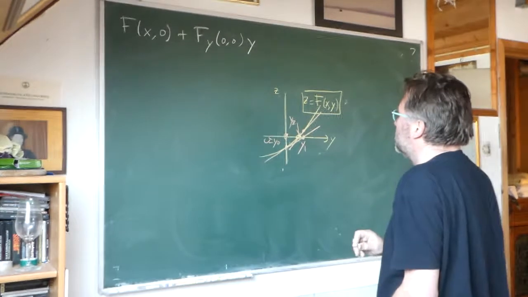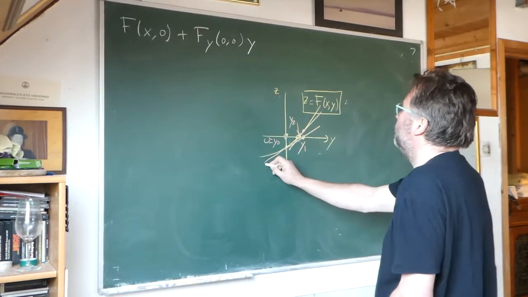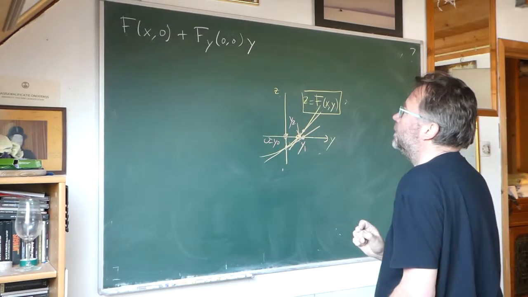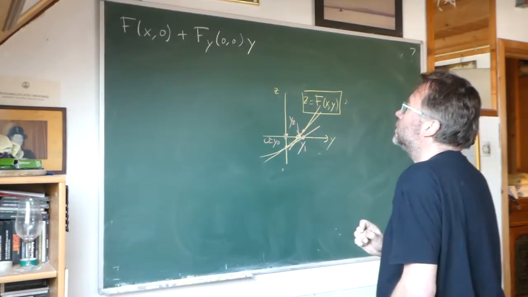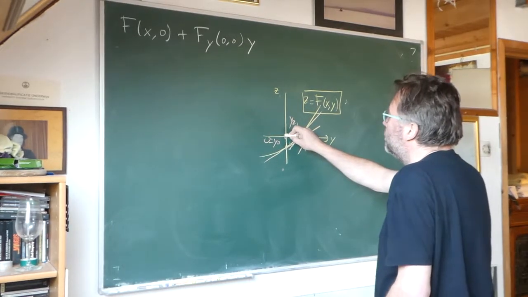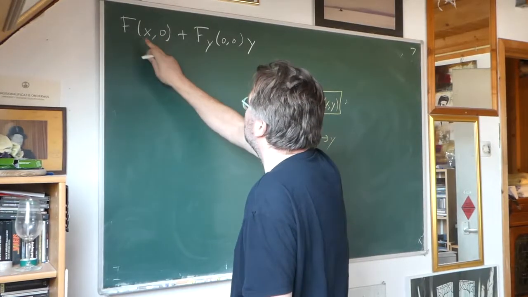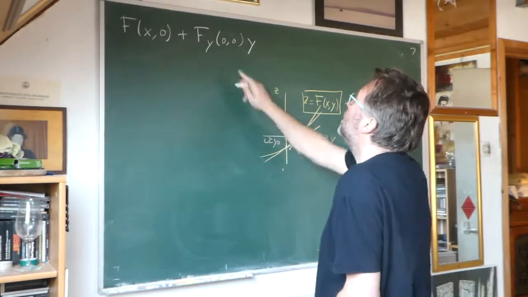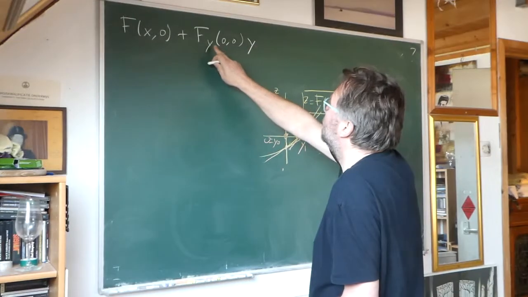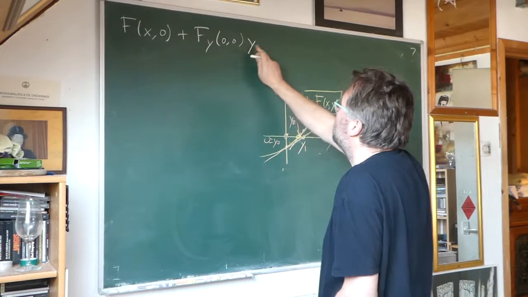So that's not this orange function here, not the function which has this orange graph, but the function that starts with the value of f in the origin, y equal to 0, x is a parameter, and the linear part is given by the partial of f with respect to y at x and y equal to 0 acting on y.